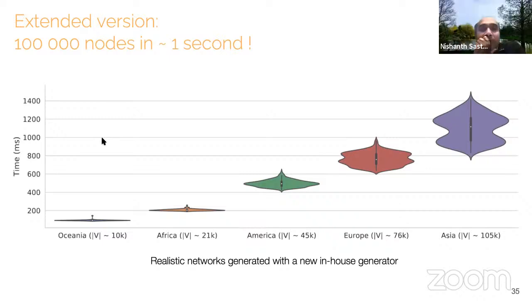So that's why in our generator we use roads to simulate where the links would be and to have a distance, and to get the propagation delay between two cities or two points, two routers.